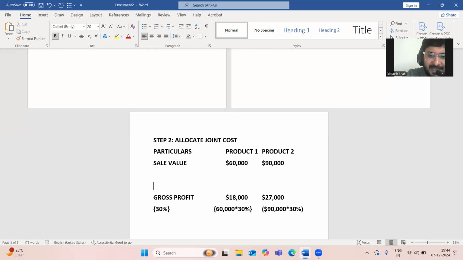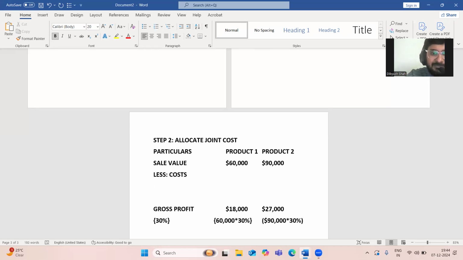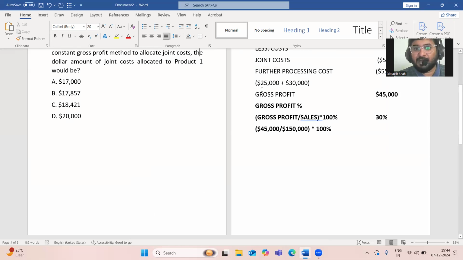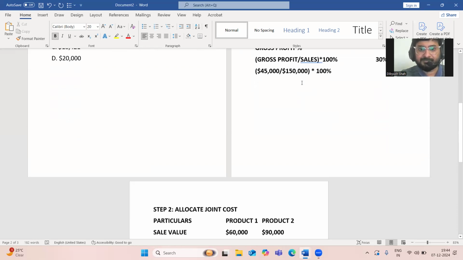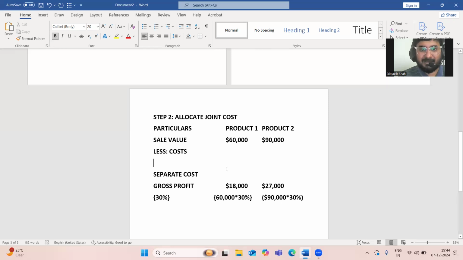Now from this, as I told you, I have to deduct cost. So first I will deduct further processing cost or separately identifiable cost. So for product 1, what was the separate cost? $25,000 further processing cost, and for product 2, $30,000.